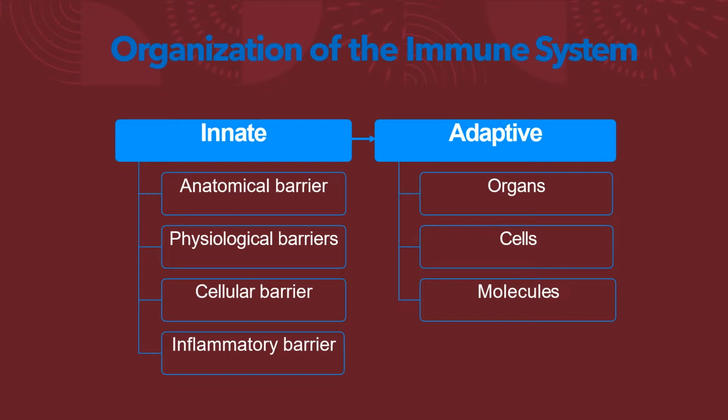While adaptive immunity, which is specific and is acquired when a specific pathogen enters into your body, includes lymphoid organs like bone marrow, thymus, spleen, and it also includes cells like white blood cells and molecules like different types of cytokines.